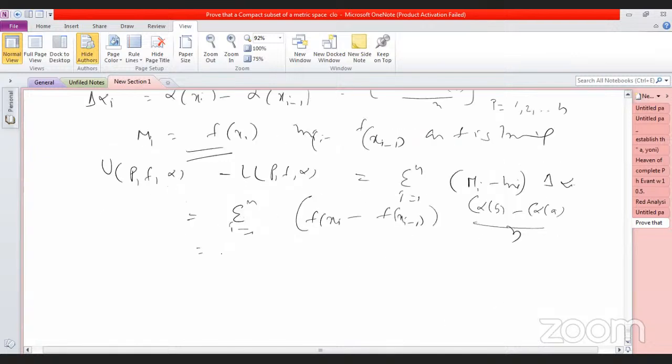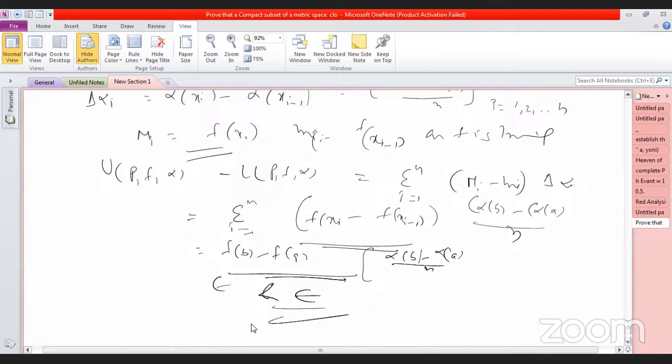Taking the common factor, removing the sigma, we get f of b minus f of a, times alpha b minus alpha a by n. That is the first condition, less than epsilon.